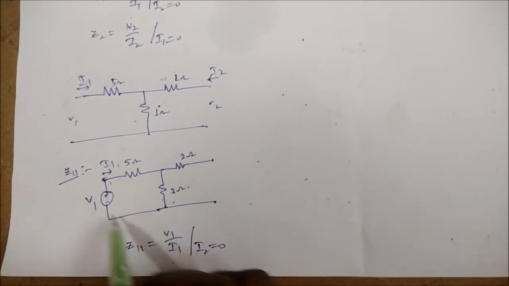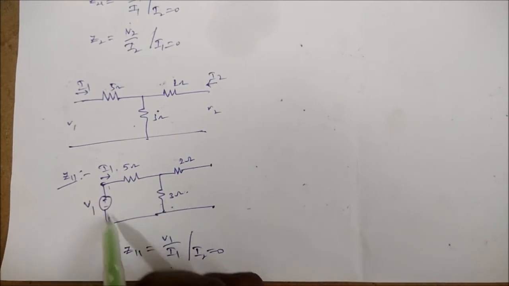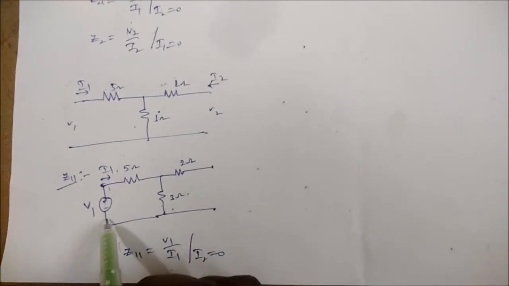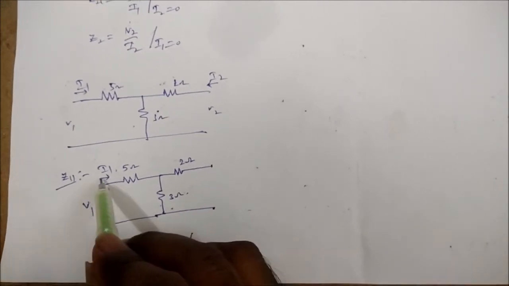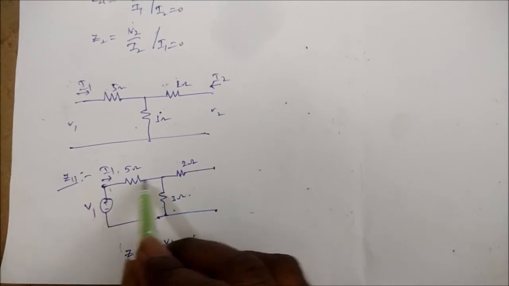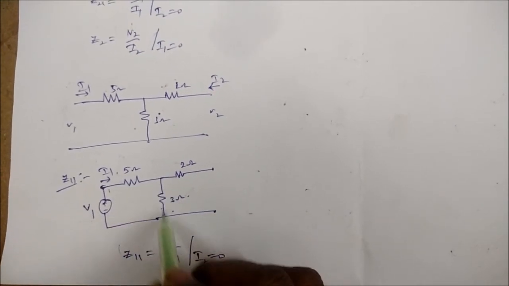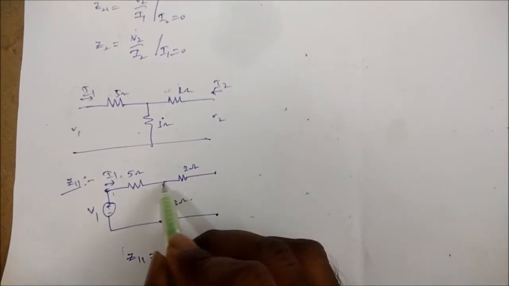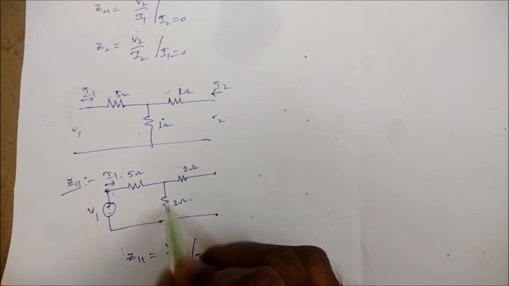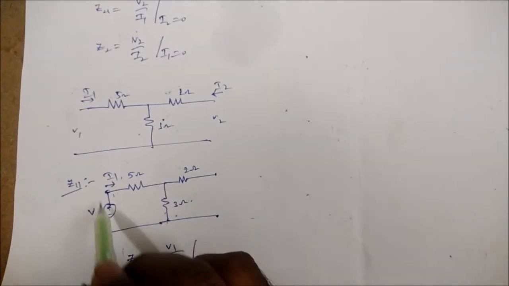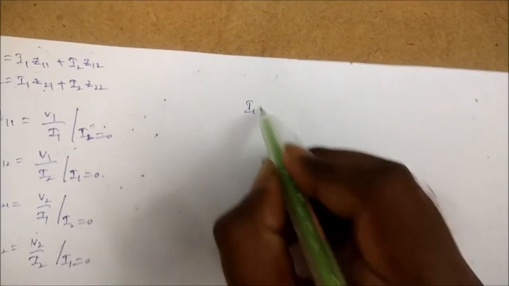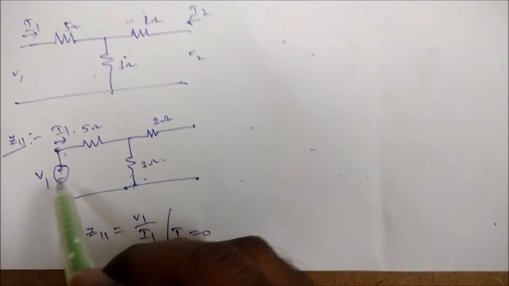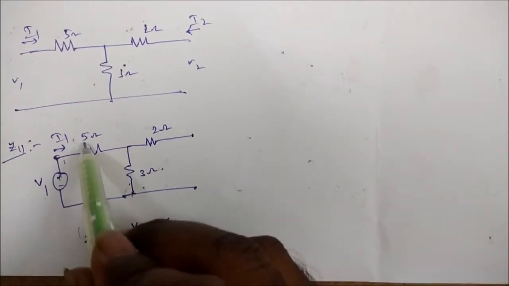Here if you see, there is only one loop in this circuit. So I1 will flow like this and like this. The same I1 will flow like this because I2 is 0 here. I2 will not contribute anything. So I1 is only flowing in this loop. So I1 is equal to V1 by 5 plus 3.